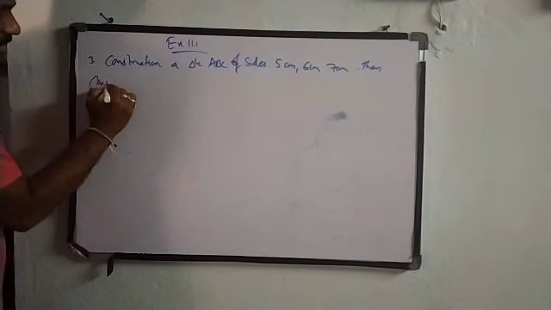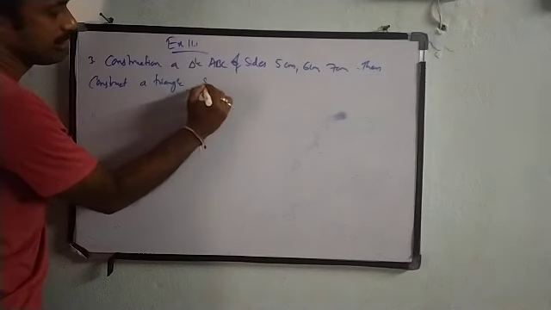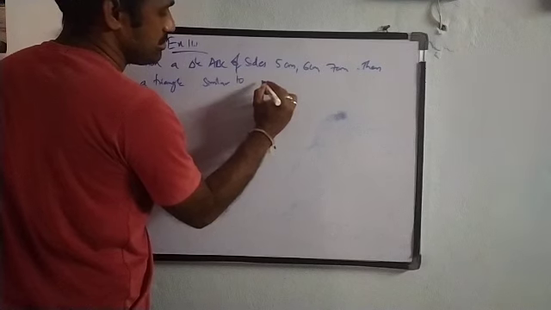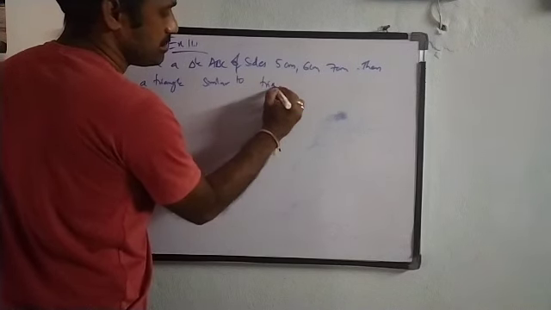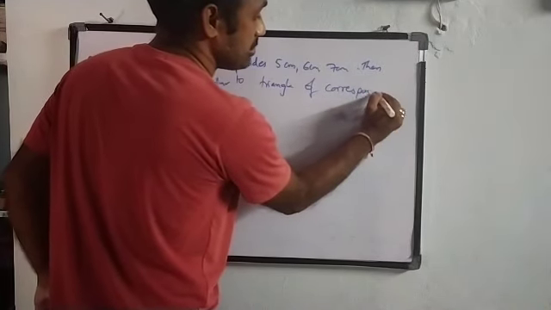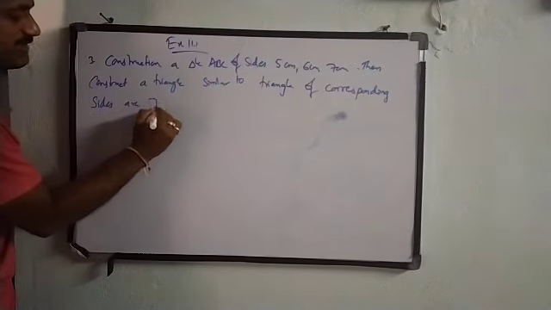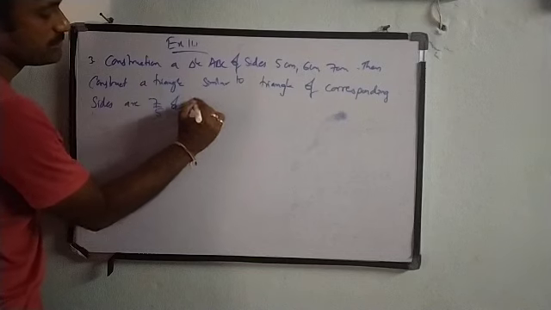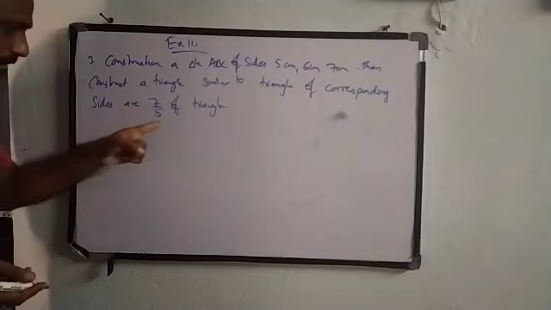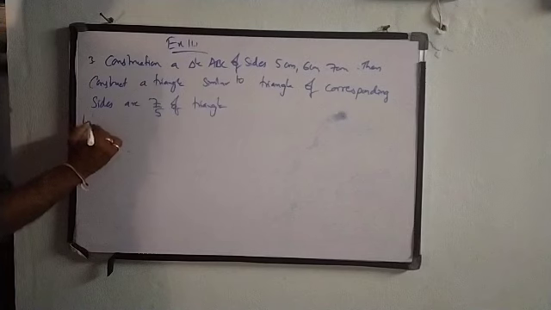Then construct a triangle similar to it whose corresponding sides are 7 by 5 of the triangle. So here we need to concentrate on the fact that it is an improper fraction and the three sides are given. Let us start with the word solution first.